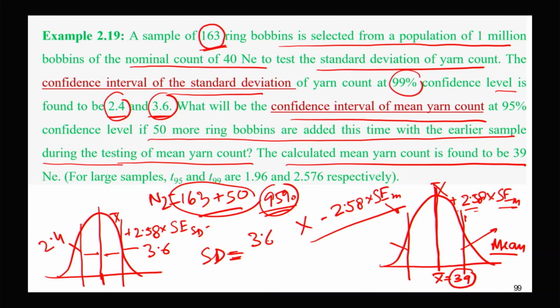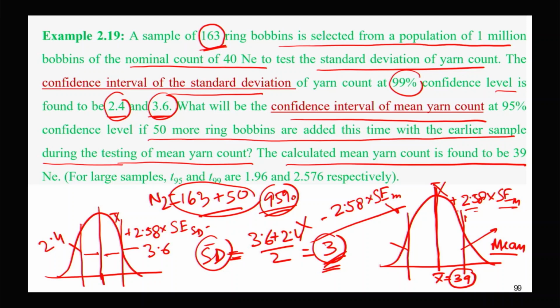So, (3.6 plus 2.4) by 2 will be the mean standard deviation. It will be 3. 3 is the mean standard deviation.